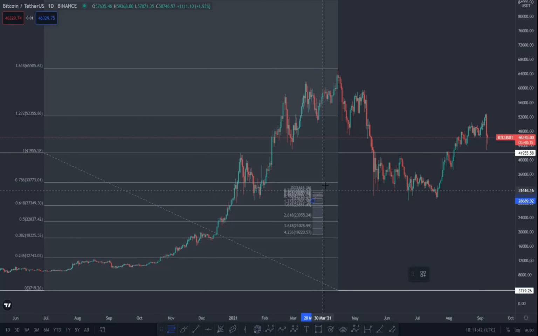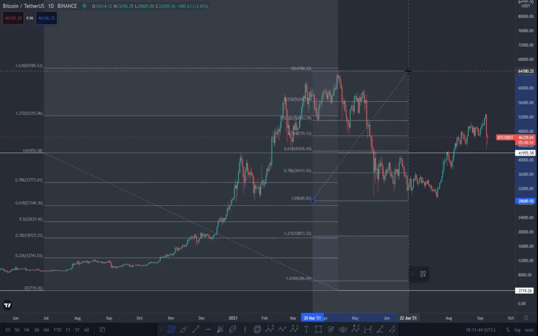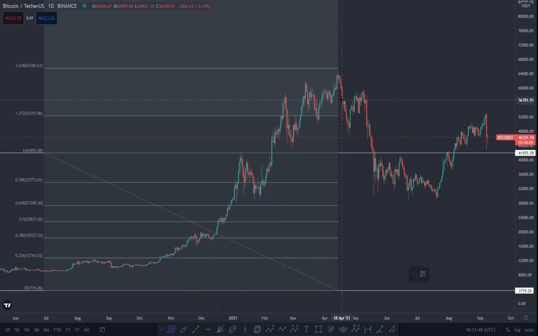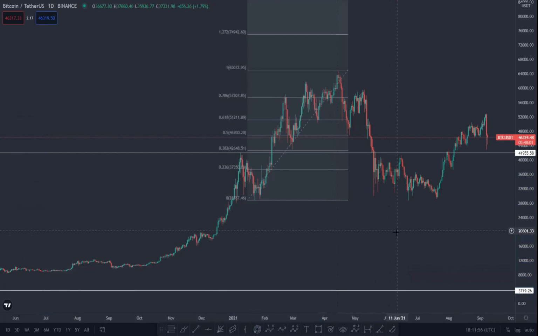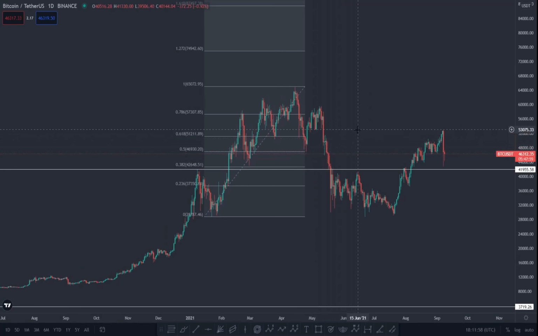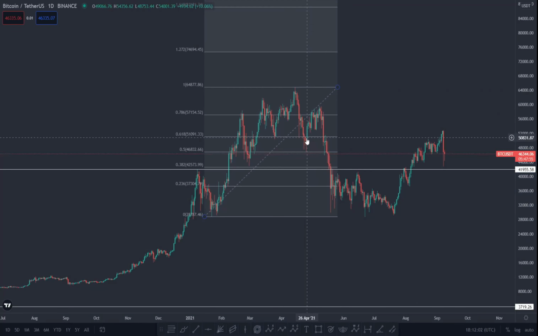Let's take this low to the, I'm sorry, I think I did it inverse. Let's take this high, yes, and go to this low. What do we see? Let's delete this one. We see that the price dropped to the 0.61 initially.